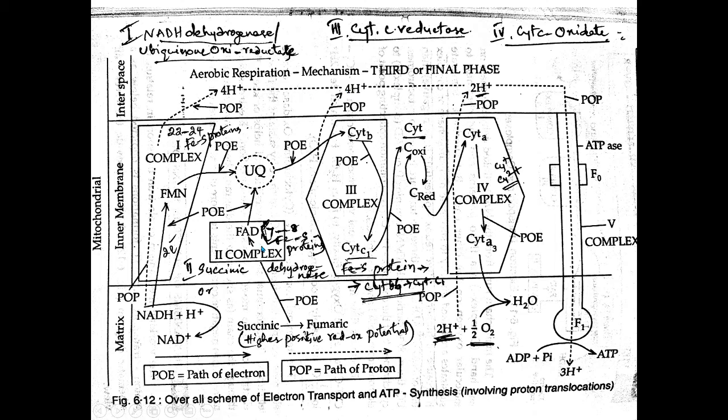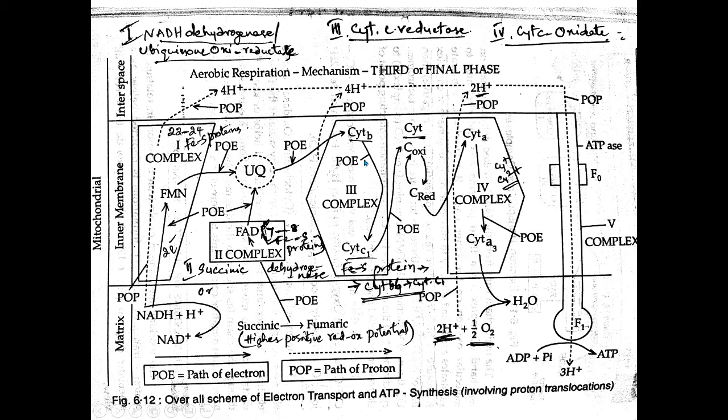This is very important. You have to remember the NADH formed during glycolysis; glycolysis takes place in the cytoplasm. So the cytosolic NADH enters through the second complex and results in the transfer of 6 protons into the intermembranal space. This is very important.